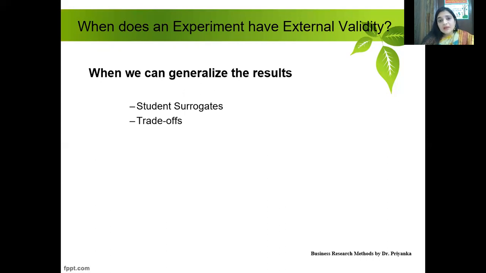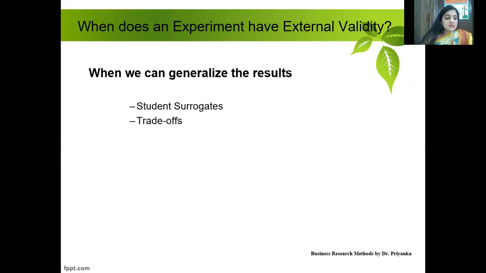If you have selected some population and you studied them, then the generalization of that particular data can be applied to another population living in some other area as well. If it is so, then the experiment really has external validity. So it is not only about companies, it is about people as well. But because we are discussing business research here, I discussed the example of companies.